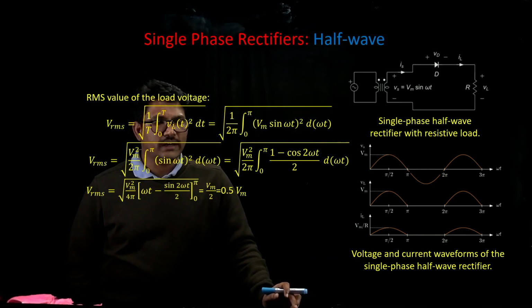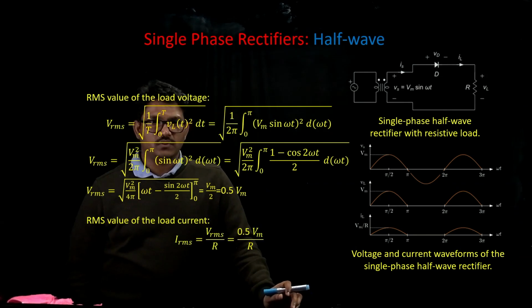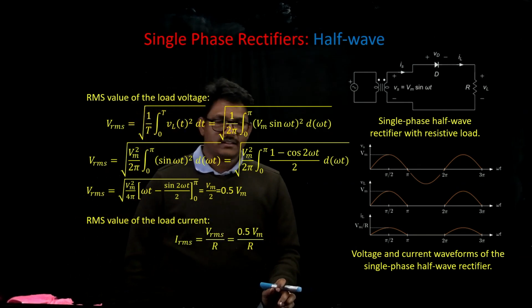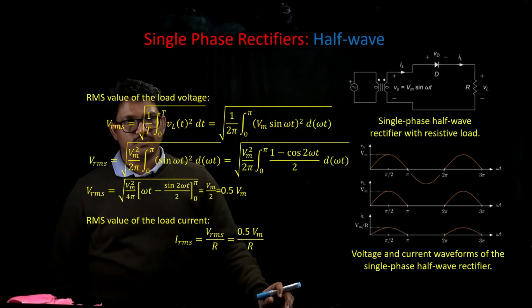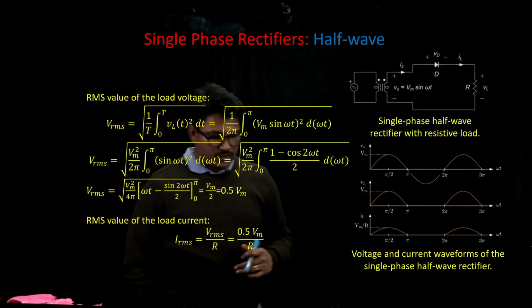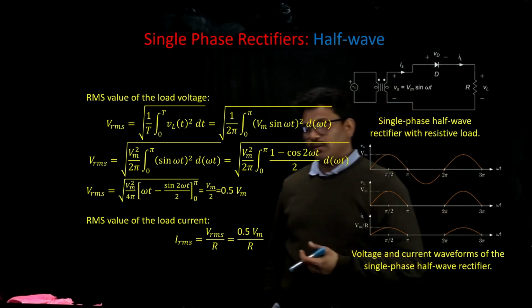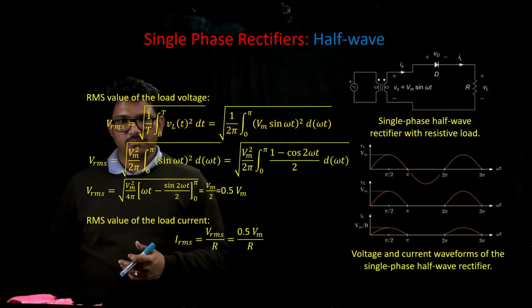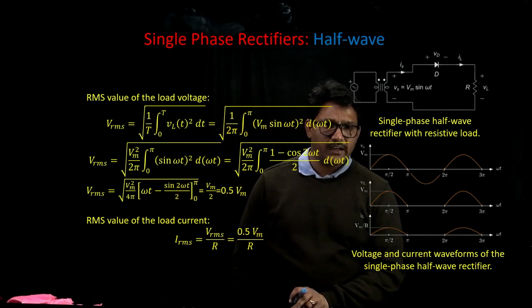Similarly, if you wanted the RMS value of the load current, the load current is voltage upon the resistance, so the RMS value of the load current is 0.5 Vm by R. This is how we get the average value of the load voltage and current. The RMS value of the load voltage and current can be simply calculated through the respective integrations and derivations.